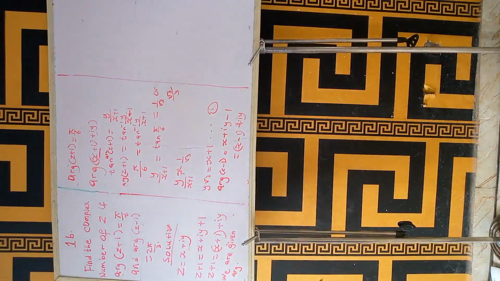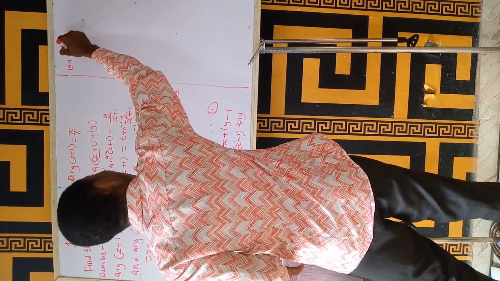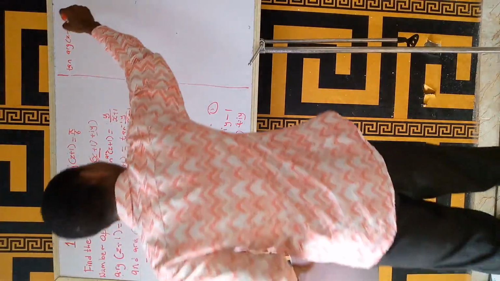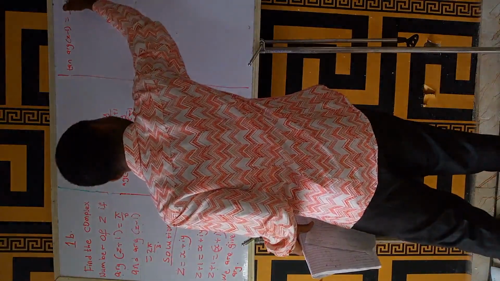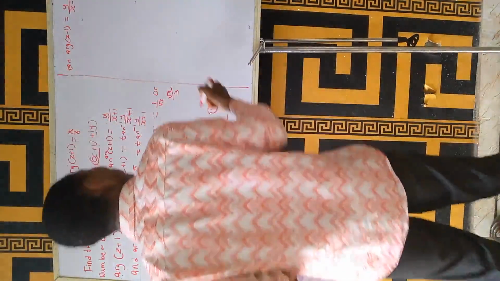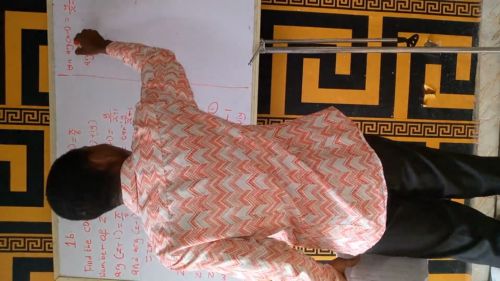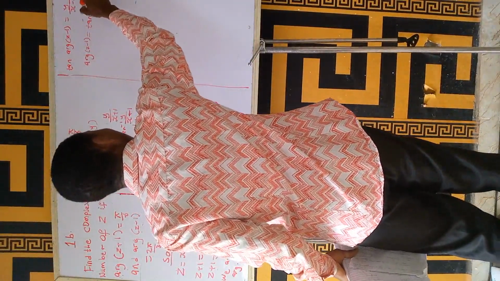After getting this, I am going to use my tan. That means tan of the argument of Z minus 1 will definitely give me y over x minus 1. And when I have something like that, the argument of Z minus 1 will be equal to tan inverse of y over x minus 1.